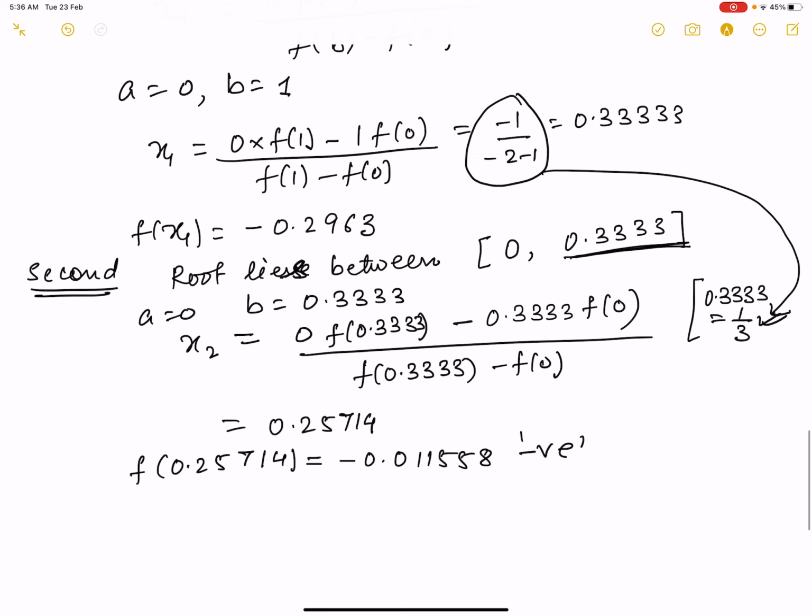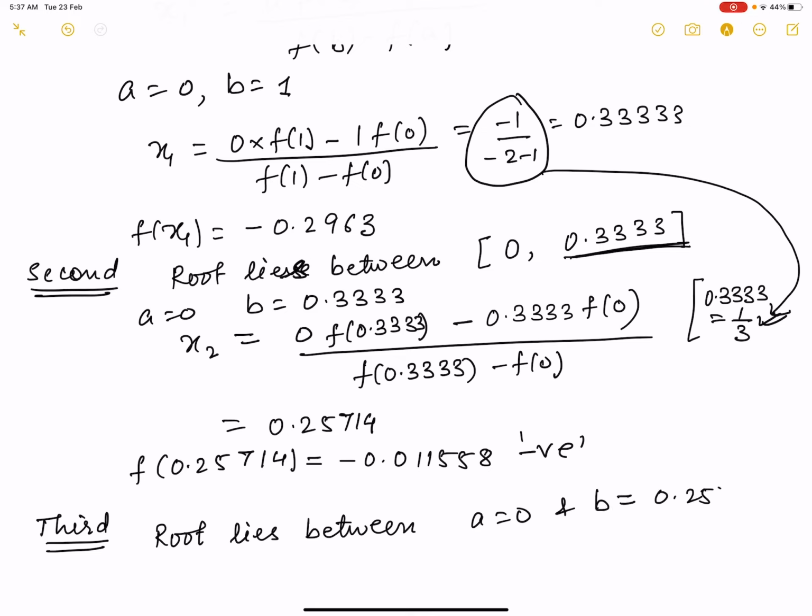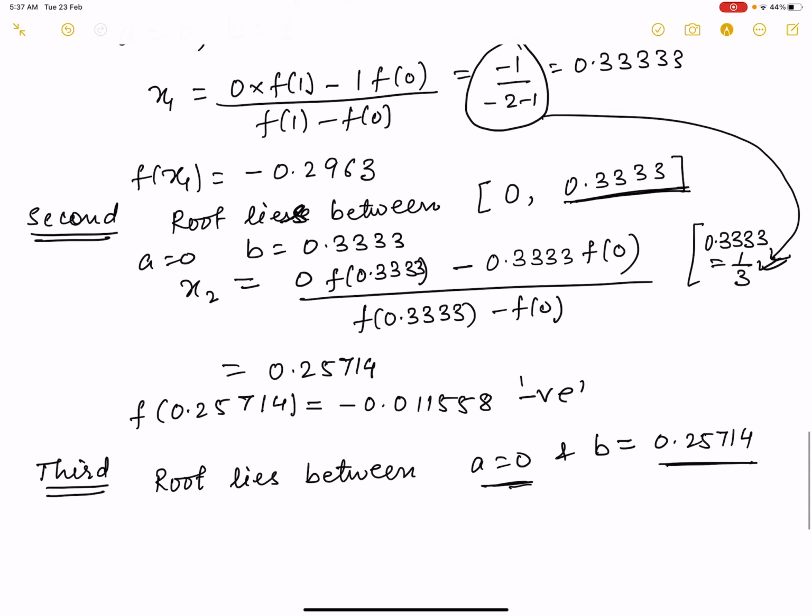So once I change this negative end in the third iteration, our root lies between 0 and b is 0.25714, and you can see the interval is 0 and 0.25714.